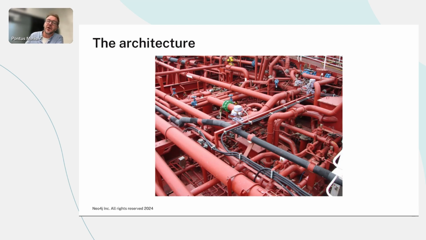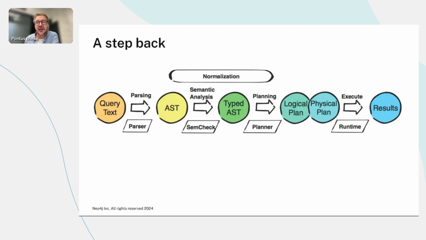So this is where the inspiration for the architecture comes from. And in order to understand how this complicated pipe system can translate into a runtime, we have to first take a step back and just have a query engine 101, trying to understand how the runtime fits into the overall Neo4j server.